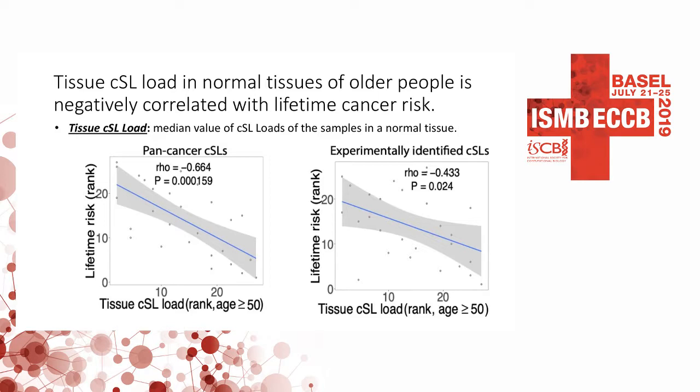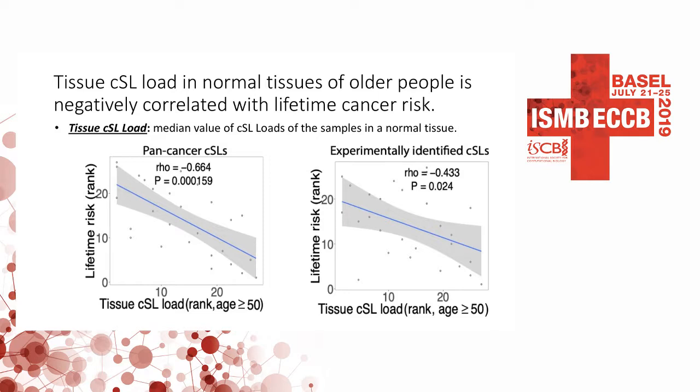For example, breast cancer can be mapped to the breast tissue. And we find a very strong negative correlation between lifetime cancer risk and tissue CSL load, of about minus 0.66 with a significant p-value. This implies that tissues which have high CSL load are less likely to develop cancer.